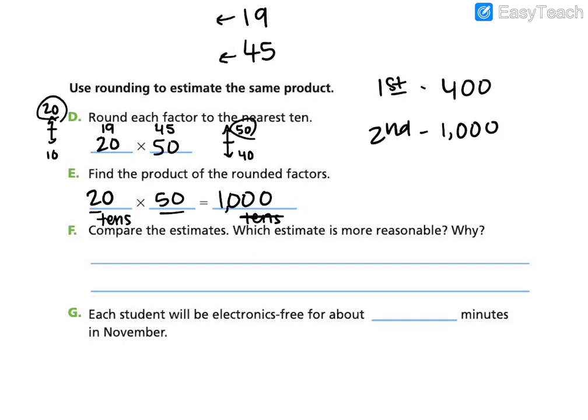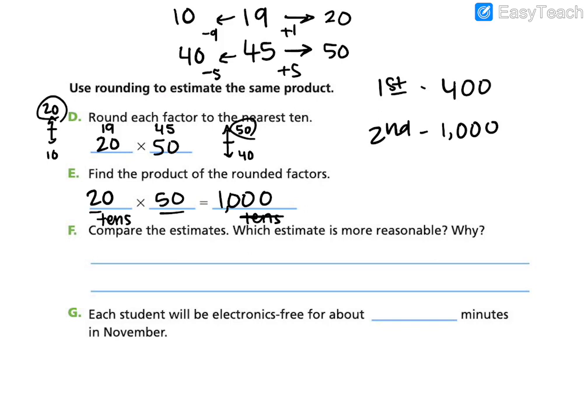In the front-end estimation, both of these numbers decreased, right? This went down by 9, and this was 5 less. When we rounded, both factors increased. This went up by only 1, and this went up by 5. So which of our estimated factors was closer to the actual factors?